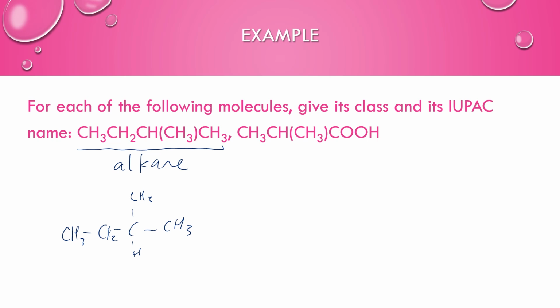Actually, I'll even put the hydrogen here. All right, so there's your structure. The main chain has 4 carbons, and I have all single bonds, so it's a butane. And you always number the carbons starting at the end closest to the substituent. So this is carbon 1, carbon 2. So this is a 2-methyl butane.